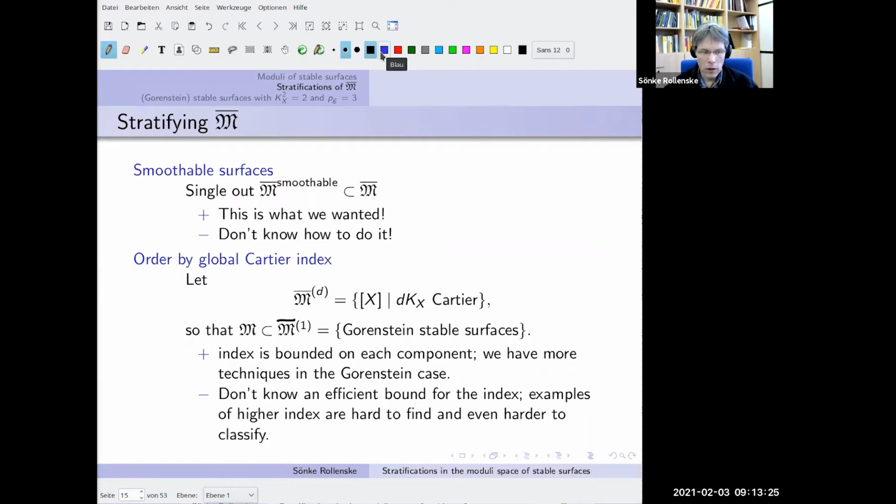Basically, if intersection numbers are integers, then some things just tend to work out more nicely. So you might want to go on by induction and do one index at a time, but the problem is that there's no efficient bound. There are some bounds, but they are not practical for pursuing this idea of classifying all of them index by index.